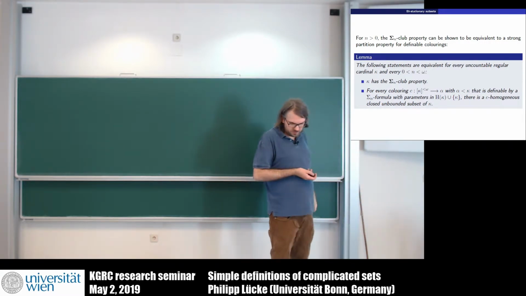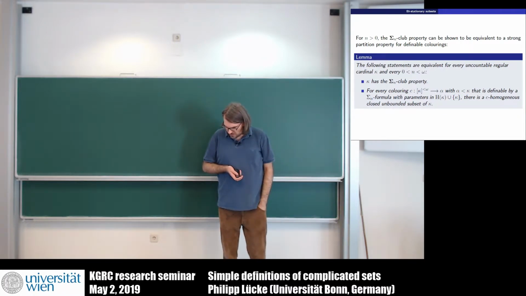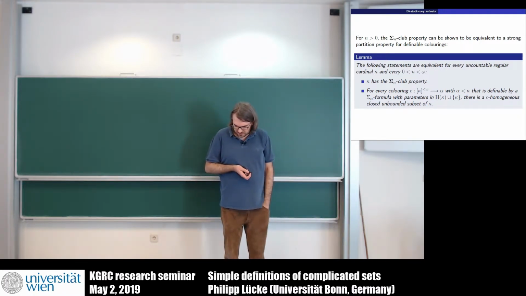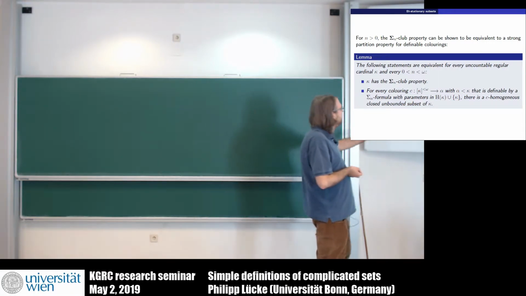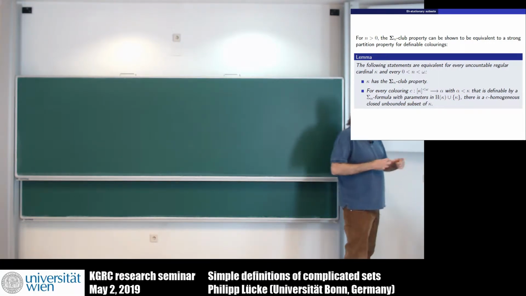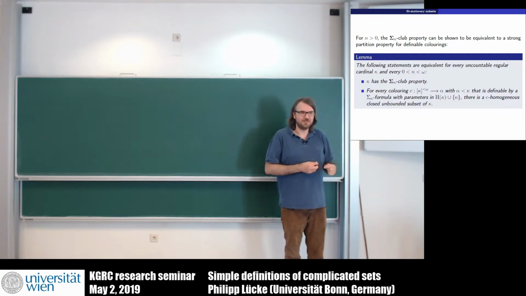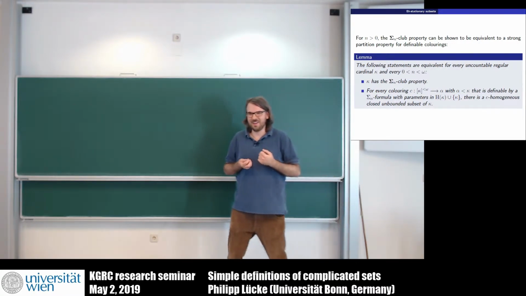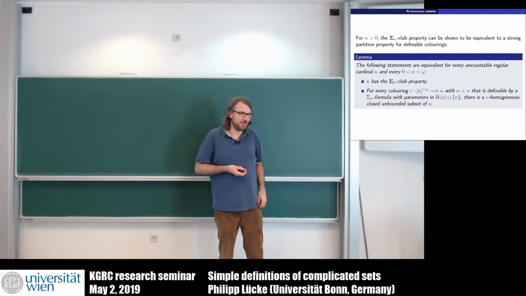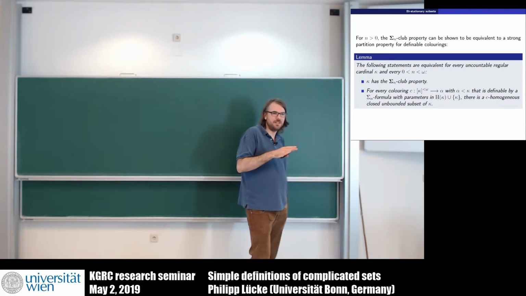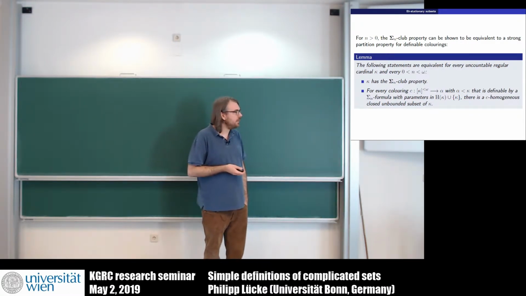is by induction. And what you heavily use is that you stay within your complexity because the colors are uniquely determined here because the intersection of clubs is again club. So you can have at most one club where you're homogeneous. Okay, and this allows you to stay in the same complexity class with the formulas.